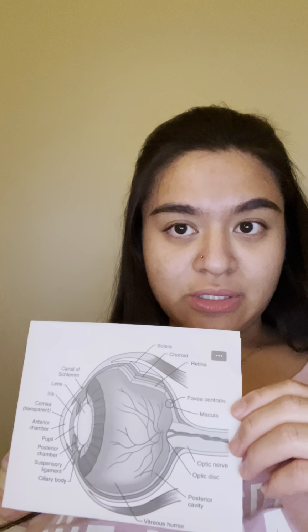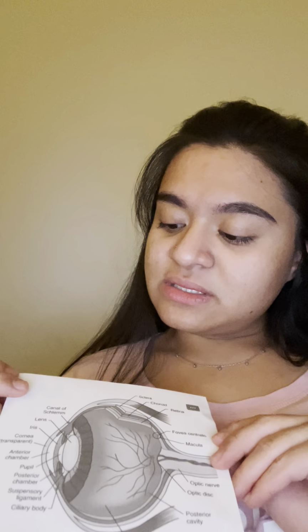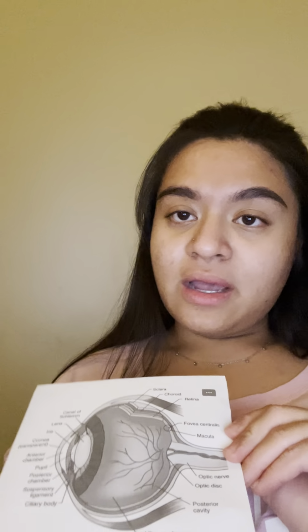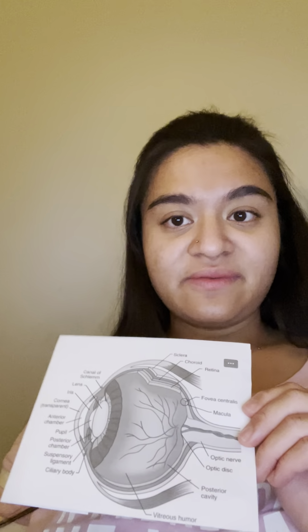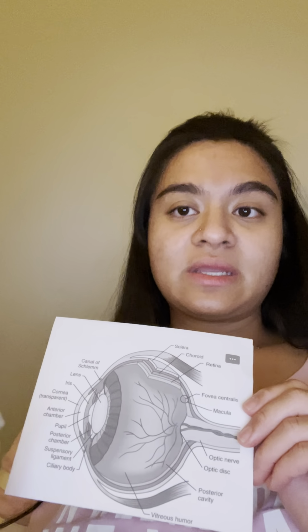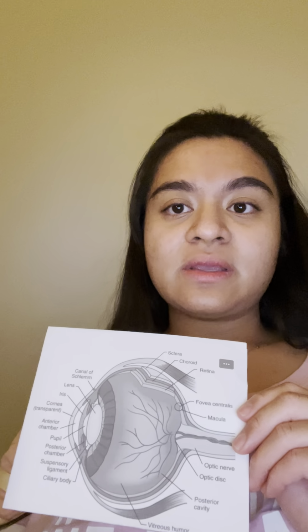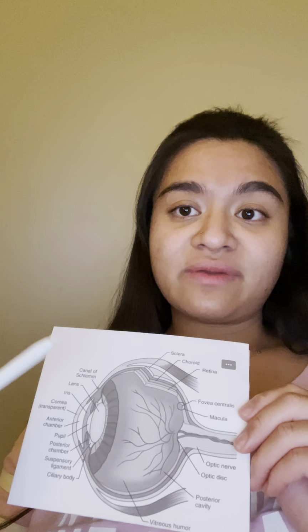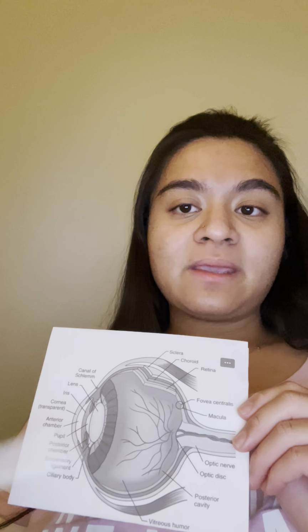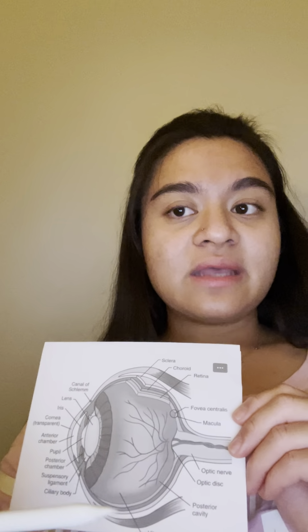The first one I chose to talk about is conjunctivitis, and as I mentioned, the conjunctiva does secrete tears and mucus, it secretes tears and lubricates our eye. So when that gets infected or inflamed, it can be due to a viral or bacterial infection, as well as allergies.